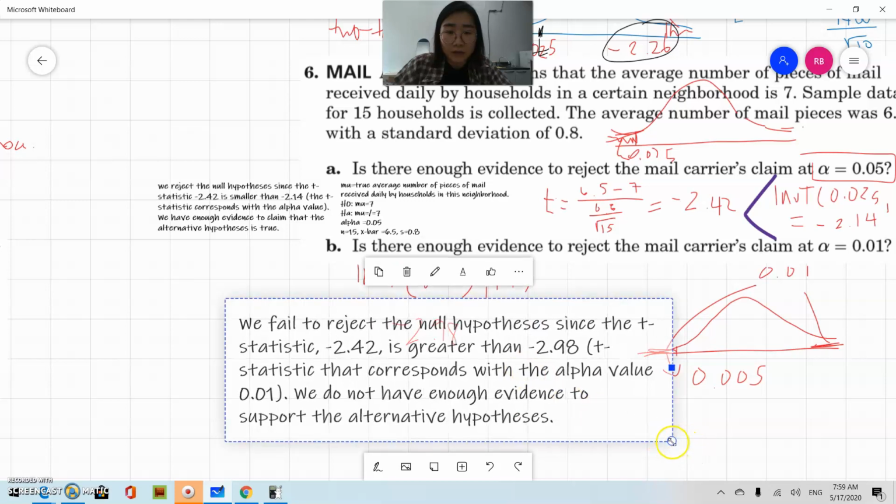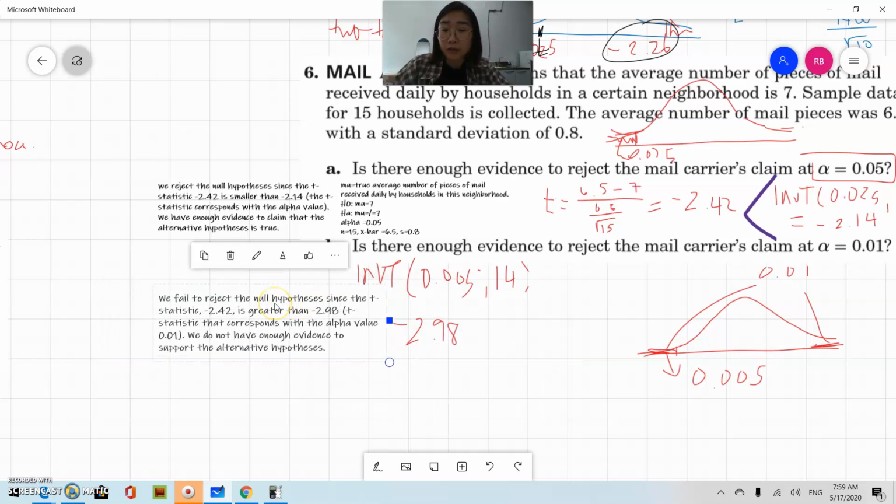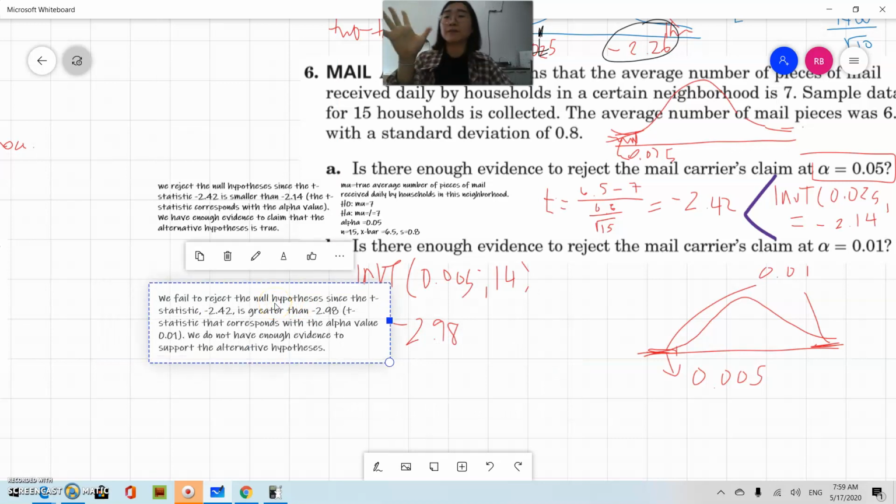So you have to be able to first define the variable you're working on, write the alternative and null hypothesis, carry out and find the t statistics, carry out the inverse t function to find the t value for the alpha, and then compare the two t statistics.